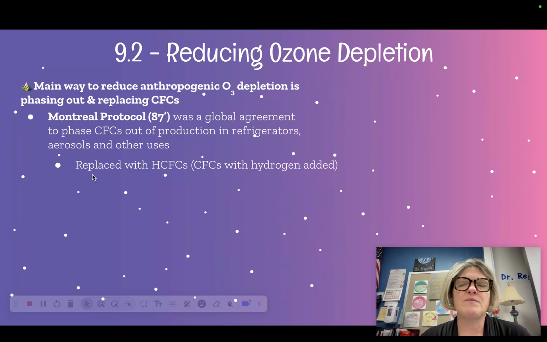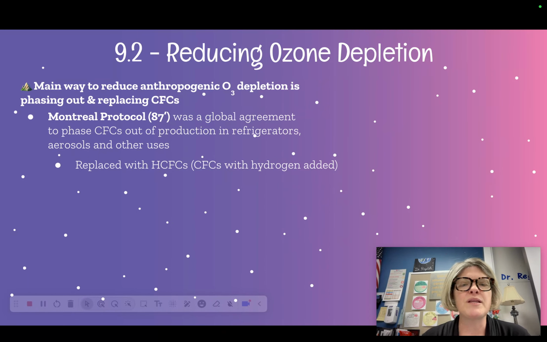So global leaders from around the world got together in Montreal, Canada, back in 1987, and they agreed to something called the Montreal Protocol. This was a global agreement that nations throughout the world made to phase out CFCs out of production in refrigerators and aerosols and the other industrial uses that CFCs were used for.